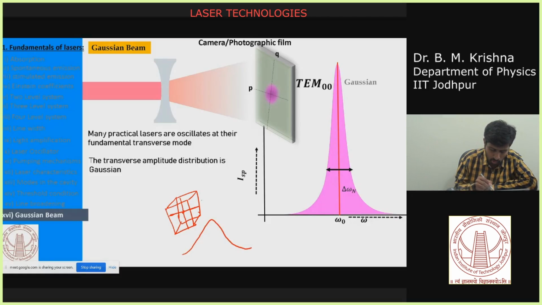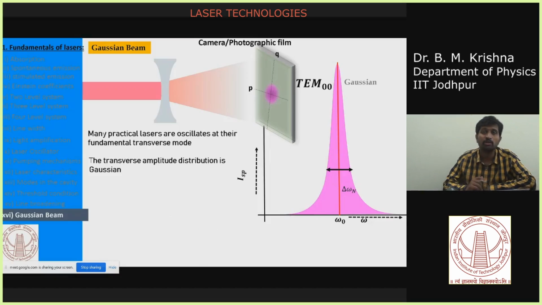This is to show you the 3D picture, but in principle you have to imagine a sphere. In the sphere, from one end to the other end, it has to pass through the center of your sphere. Take any axis, and you will get this distribution. So your amplitude or intensity follows the Gaussian distribution. It has a width of delta omega, that is your full width at half maximum.